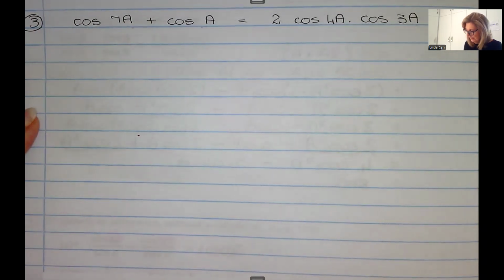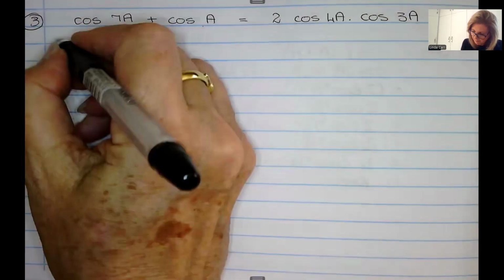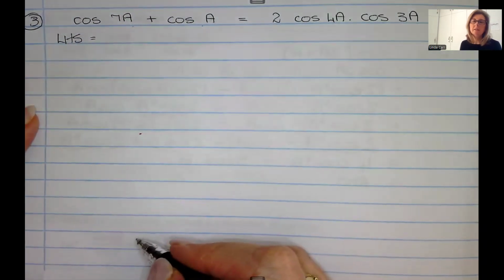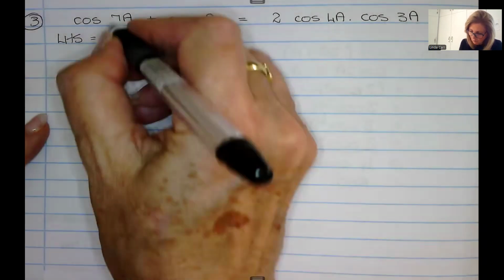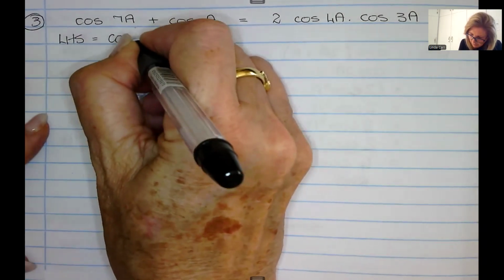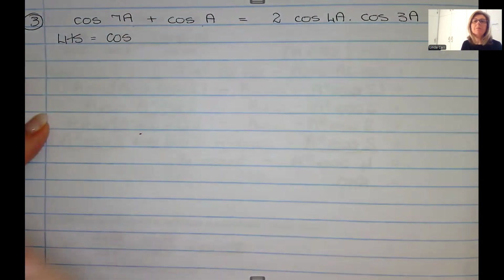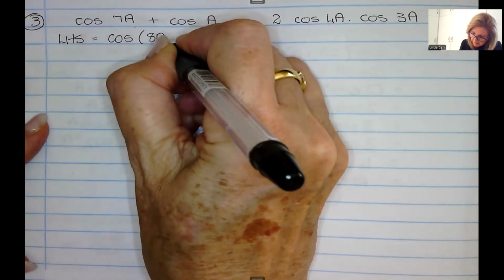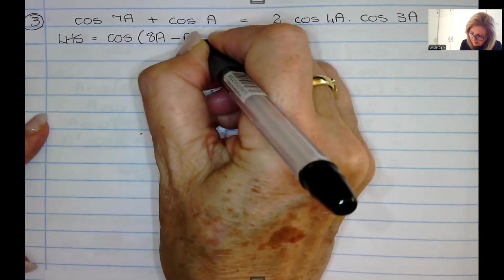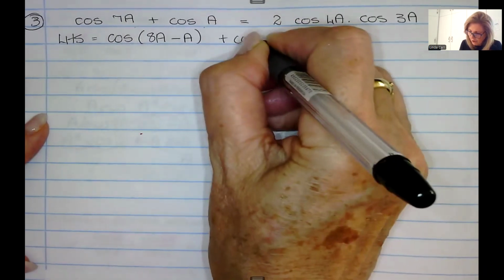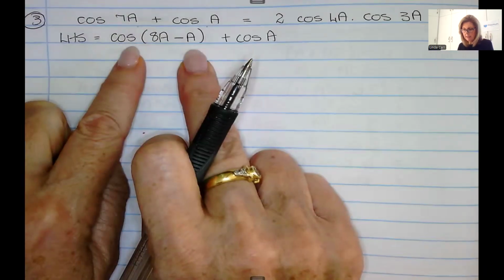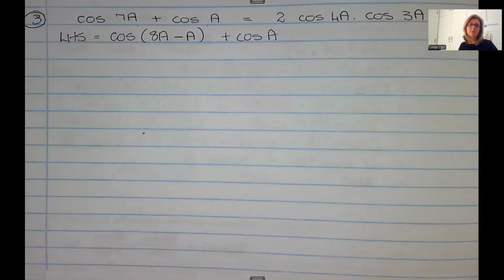And the different alternative, it took me a couple of tries before I was happy that I was doing the right thing. So don't assume that it just comes easily to everybody. What I chose, instead of breaking the 7 up into something plus something, I made it 8a minus a. And the only reason I felt comfortable doing that is I realized that when I expanded it, I was going to get a cos a.